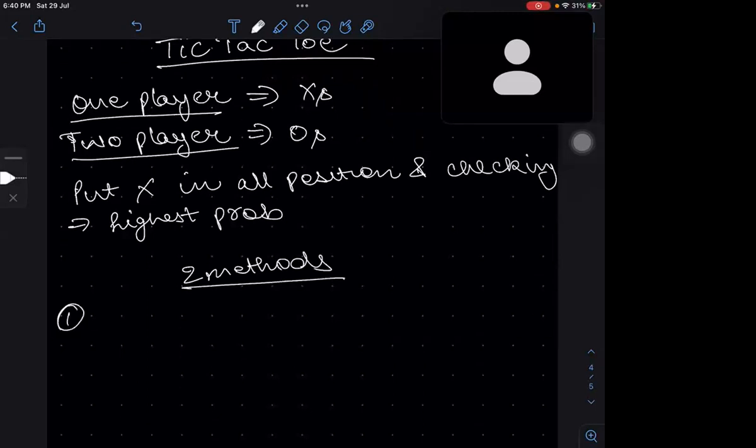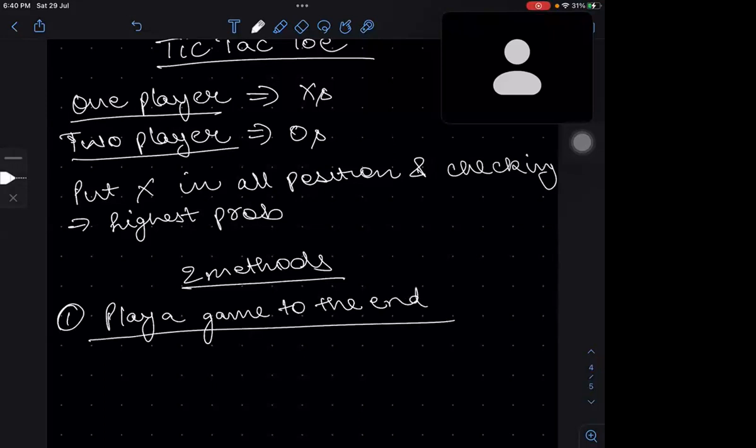One is to play the game to the end. We keep the trajectory of where I'm placing the crosses, go till the end of that game, and then update the states where I won. Suppose I win that game, then I'll increase the probability of winning.